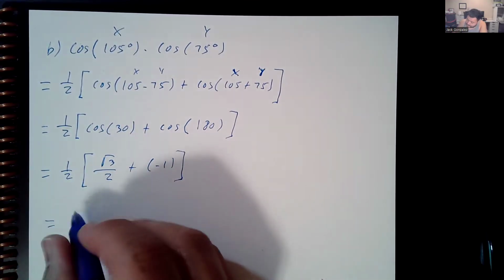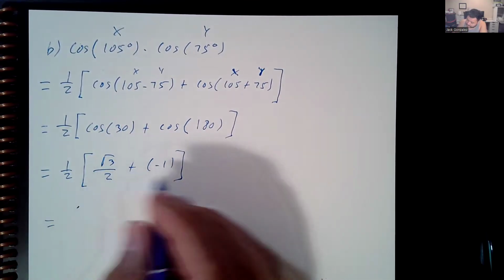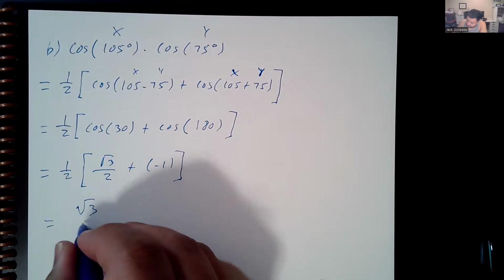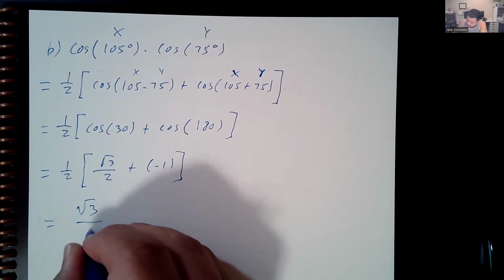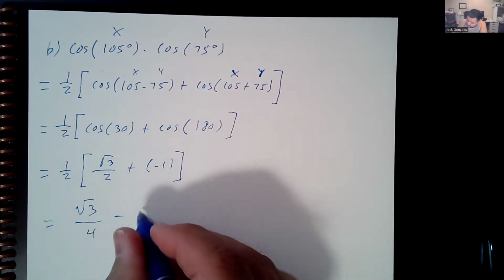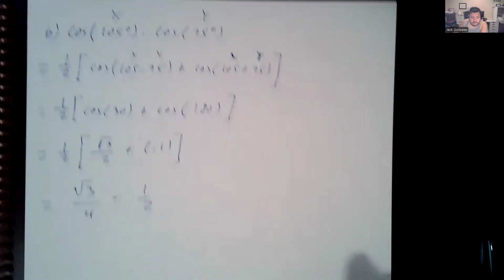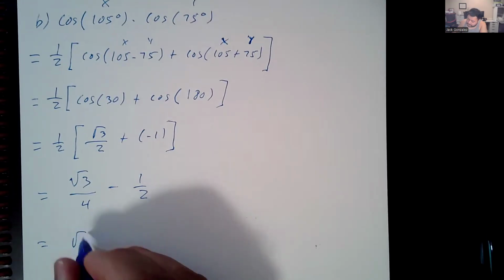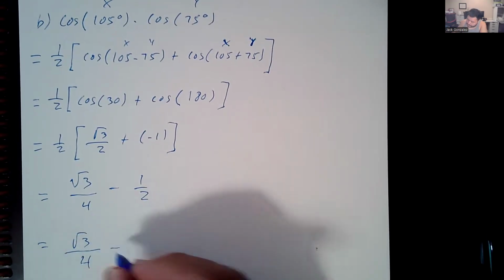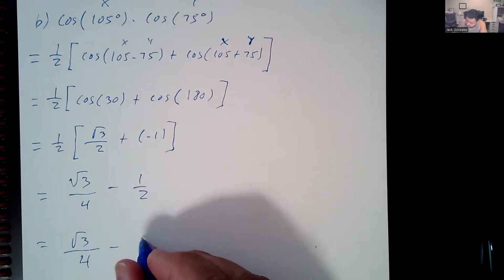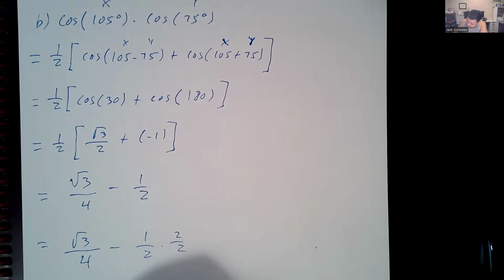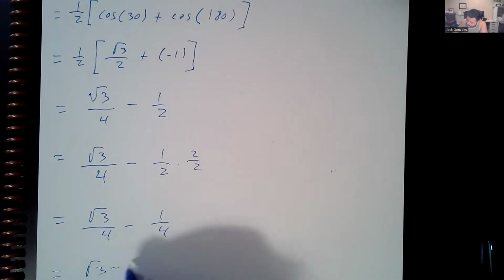So multiply your 1/2 in there, you'll get square root of 3 over 4 minus 1/2, right? Once you distribute your fraction, which will then get you to here using your common denominator, right? Multiply by 2 over 2. That'll become root 3 over 4 minus 2/4, which is root 3 minus 2 over 4.